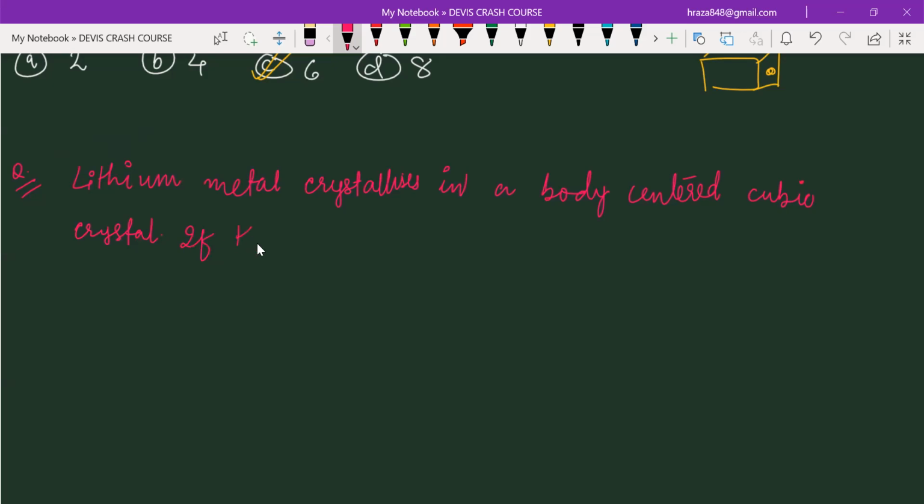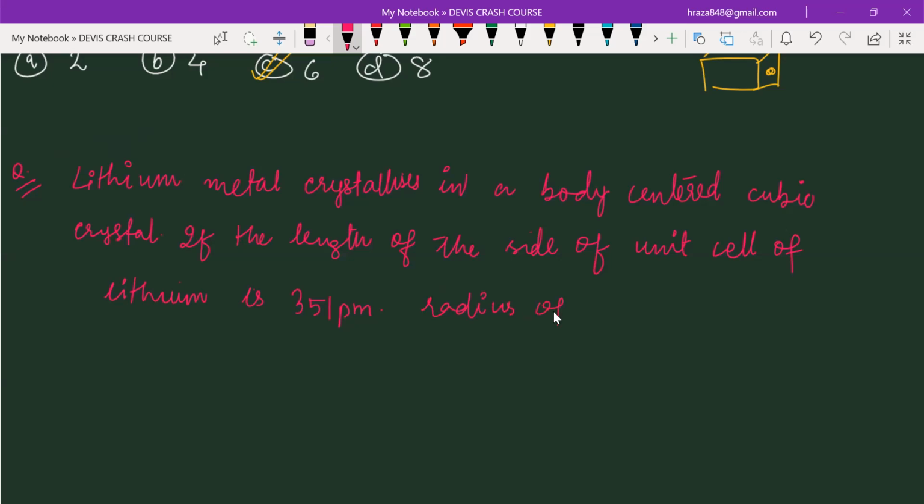If the length of the side of the unit cell of lithium is 351 picometer, the atomic radius of lithium will be... very simple.